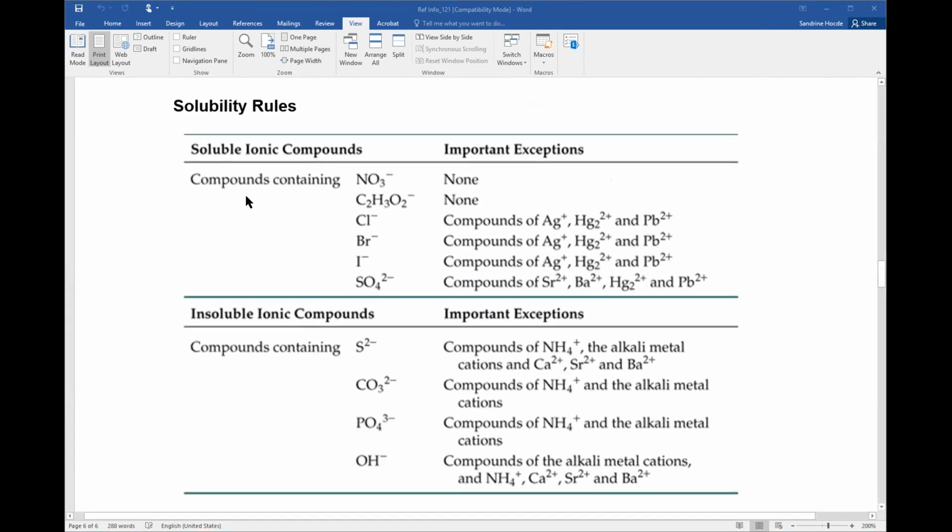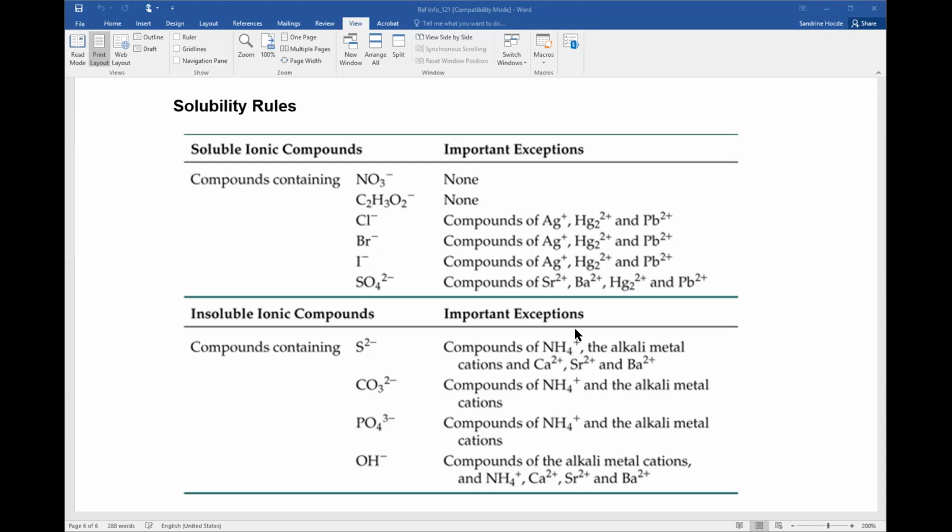It tells you, if compounds contain nitrate, acetate, chloride, bromide, iodide, or sulfate, yes, these would make soluble ionic compounds, and then you need to pay attention to the exceptions, and the exceptions would indicate insoluble compounds. The bottom part shows you the ions that would typically make insoluble compounds, like sulfide, carbonate, phosphate, and hydroxide.